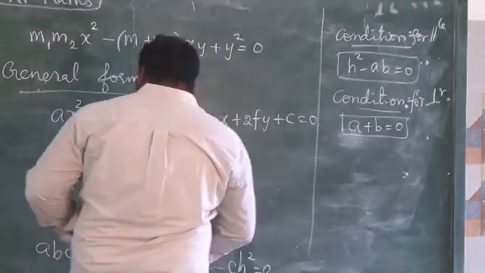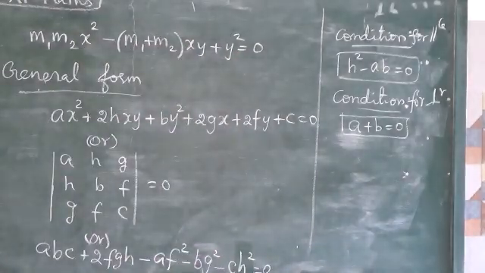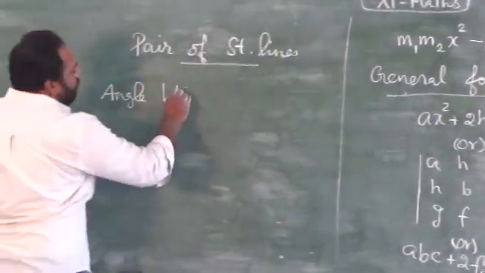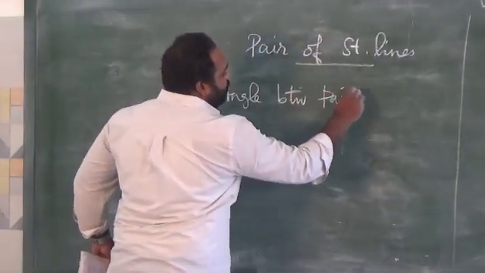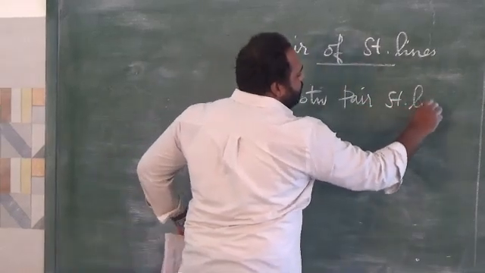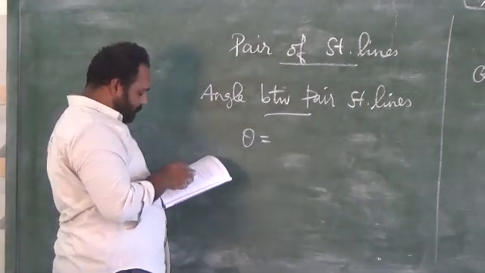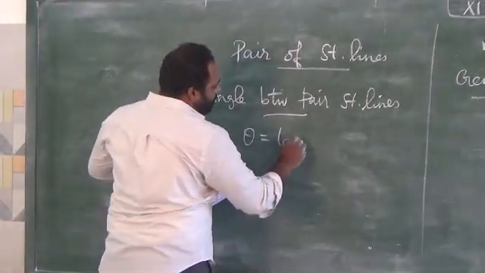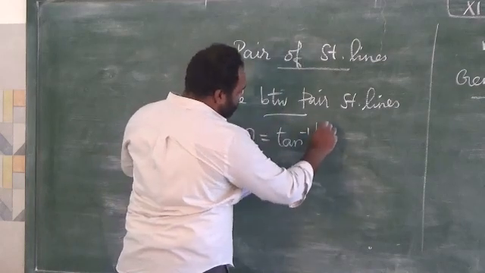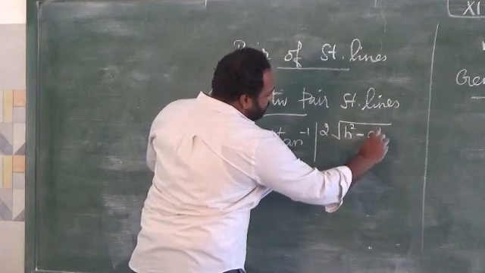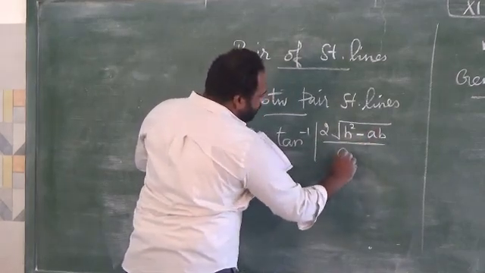Next, we have the angle between a pair of straight lines. The formula for the angle between a pair of straight lines is theta equal to tan inverse of modulus of 2 root h square minus ab by a plus b.